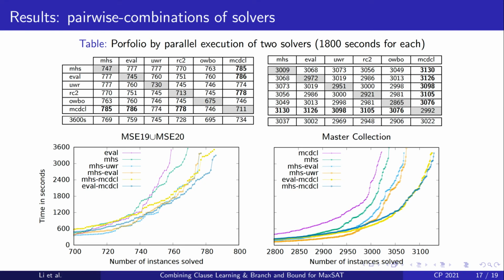Also, that MaxCDCL is useful to solve new kinds of instances can be seen in this experiment. Here we construct portfolio solvers by combining pairwise two of the solvers we have considered in the last experiments. And for each combination, we let each one of the two solvers run for half an hour. So combining MaxCDCL and MaxHS, for instance, lets us solve 785 instances.